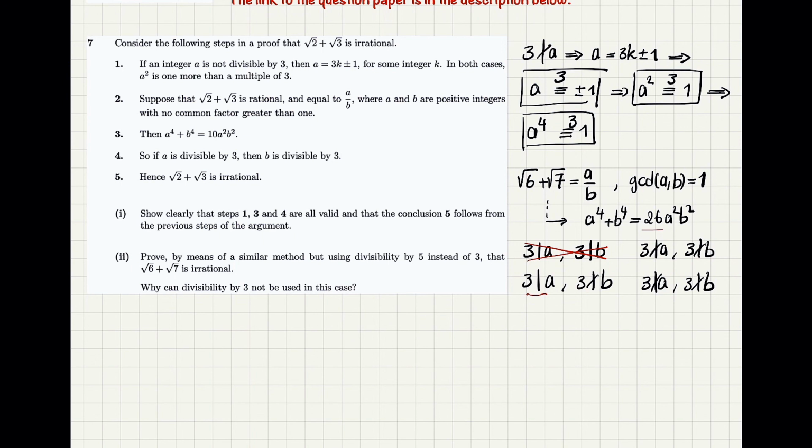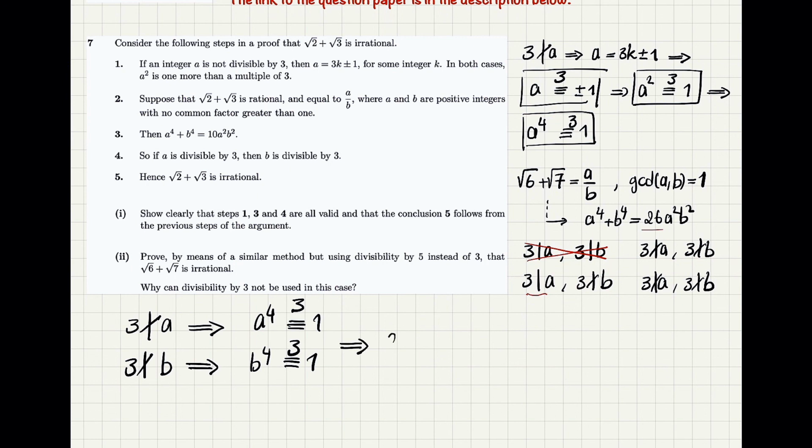Let us check. If 3 does not divide a, then a to the 4 is congruent to 1 modulo 3, and if 3 does not divide b, b to the 4 is also congruent to 1 modulo 3.